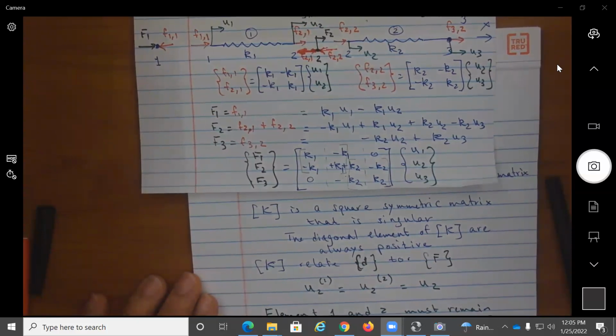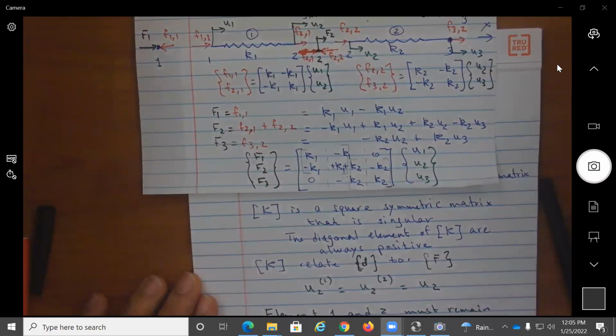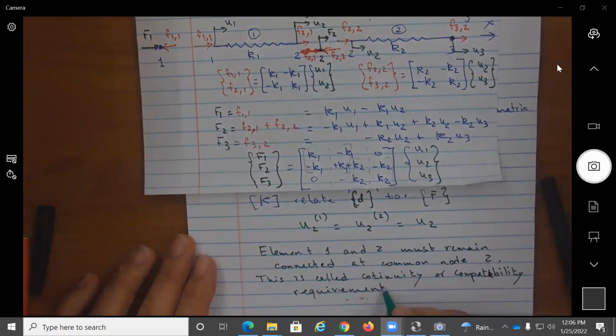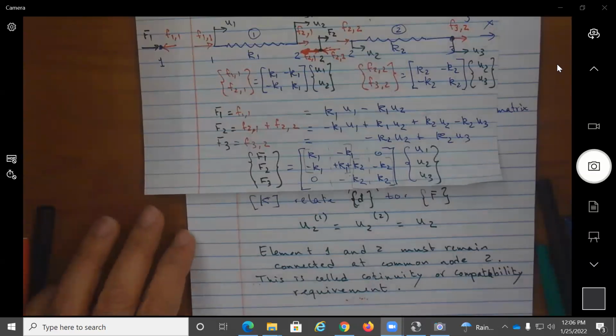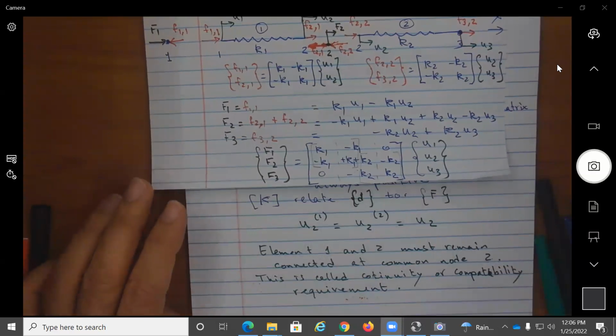This is called the continuity or compatibility requirement. Compatibility requirement.